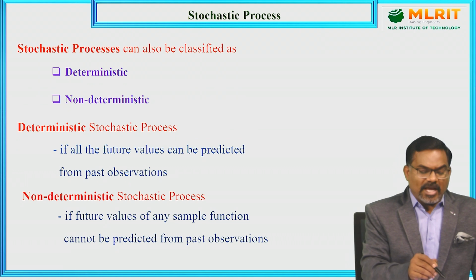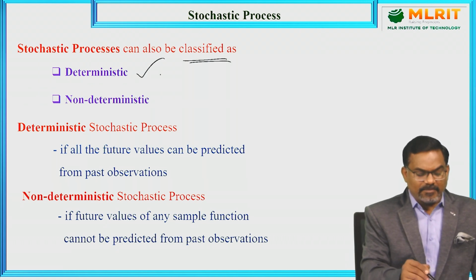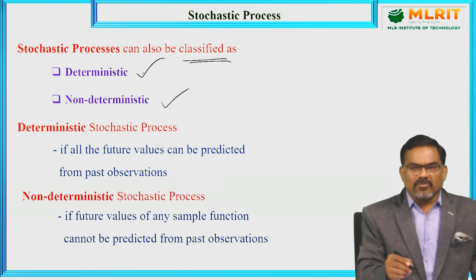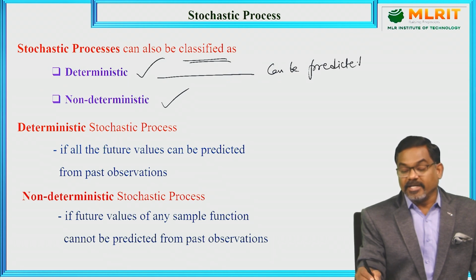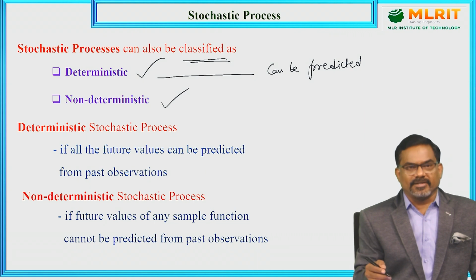Now the stochastic processes can also be classified as deterministic and non-deterministic. So here deterministic, what does it mean? Can be predicted. We can determine, we can estimate, or we can predict.